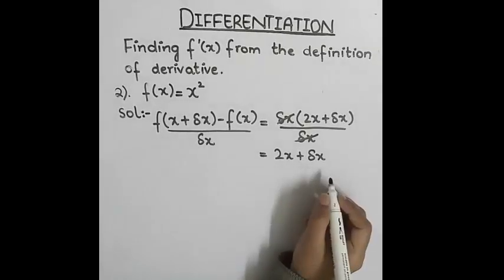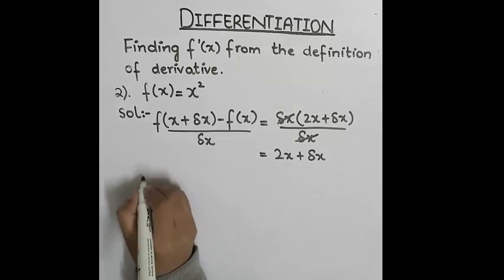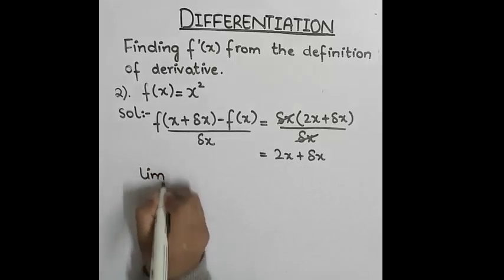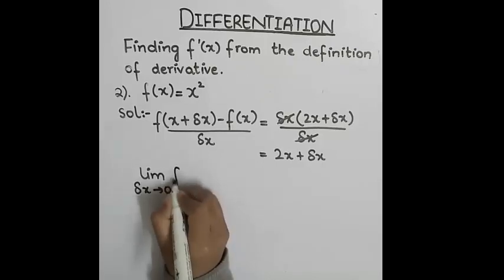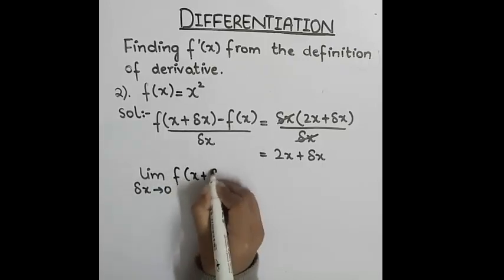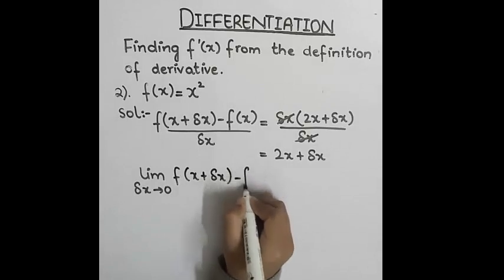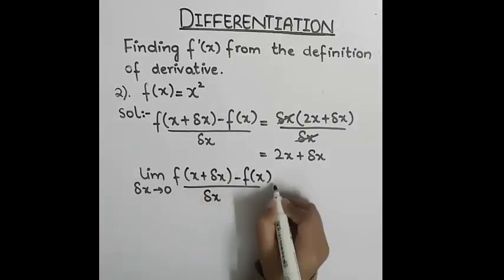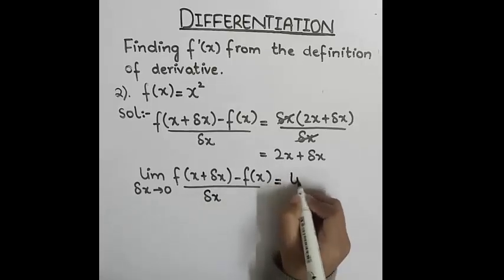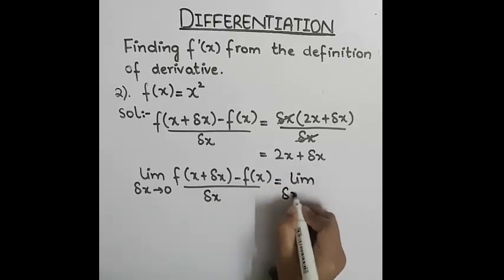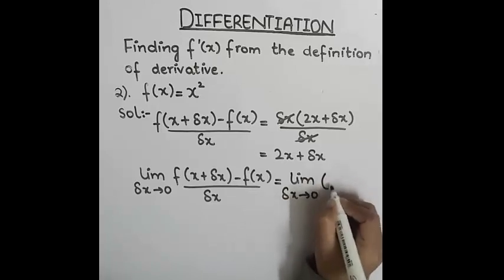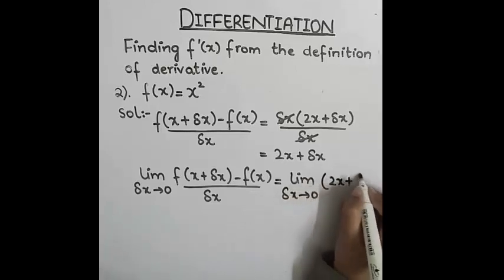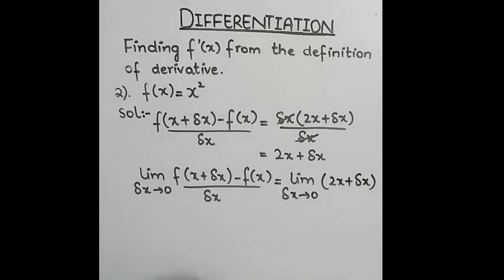And the final step is to take the limit. Limit delta x approaches 0, f of x plus delta x minus f of x over delta x equals limit delta x approaches 0, 2x plus delta x.